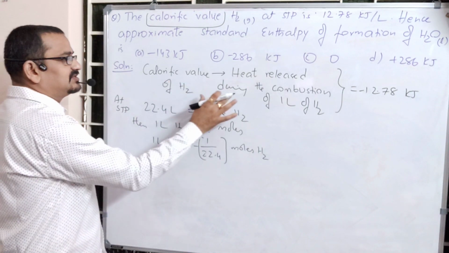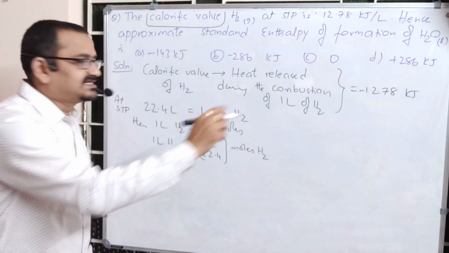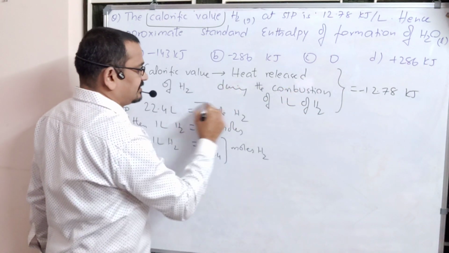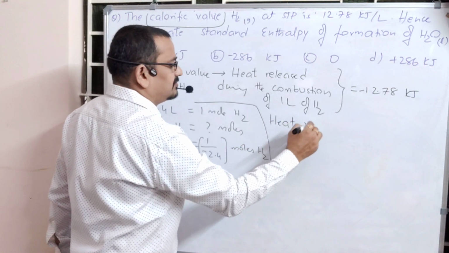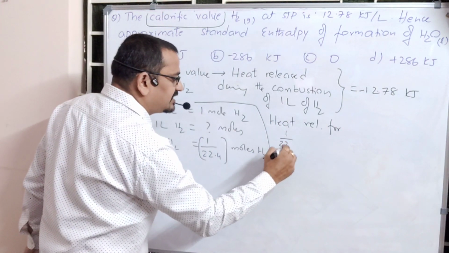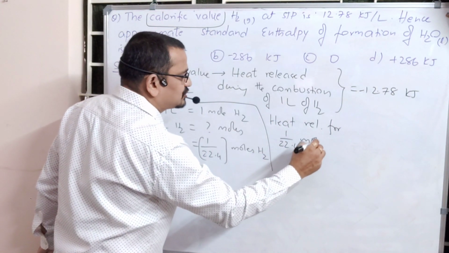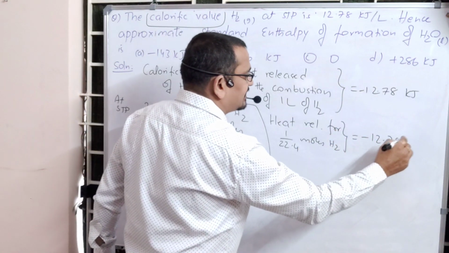Let's come to this line. Heat released for 1 liter of hydrogen is minus 12.78 kilojoules, so heat released for 1 by 22.4 moles of H2 is minus 12.78 kilojoules.